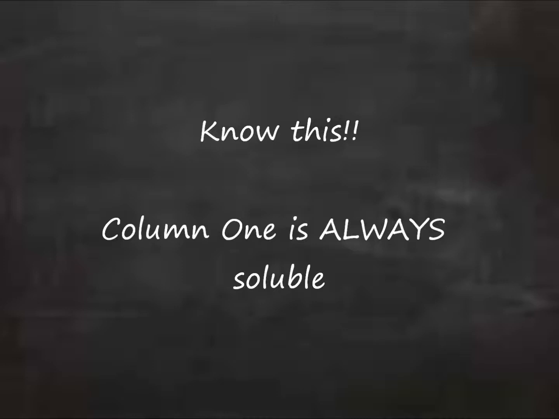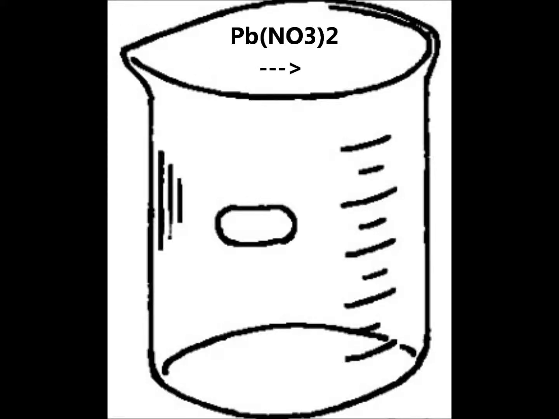Because we have potassium in here, which is from column 1, we know for a fact that this is going to be soluble. So what we're going to be mixing with that potassium iodide is some lead nitrate.